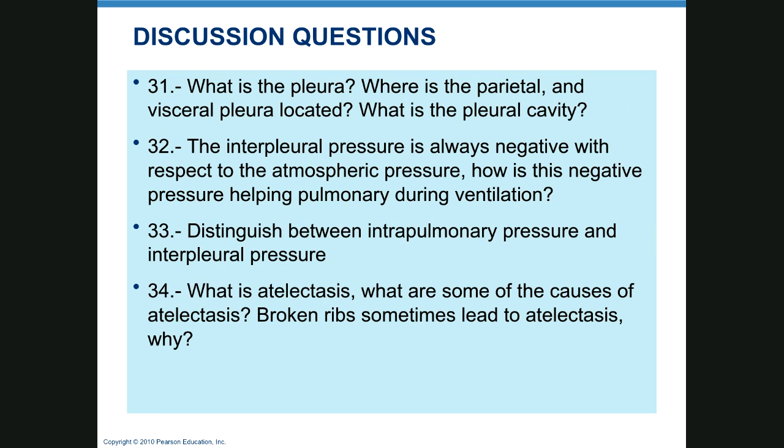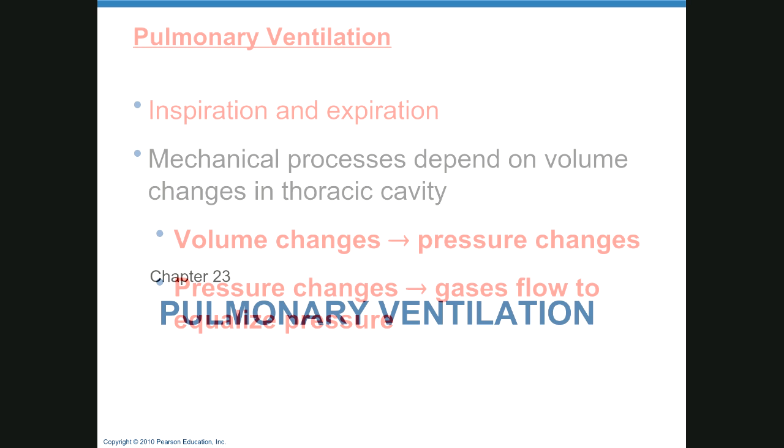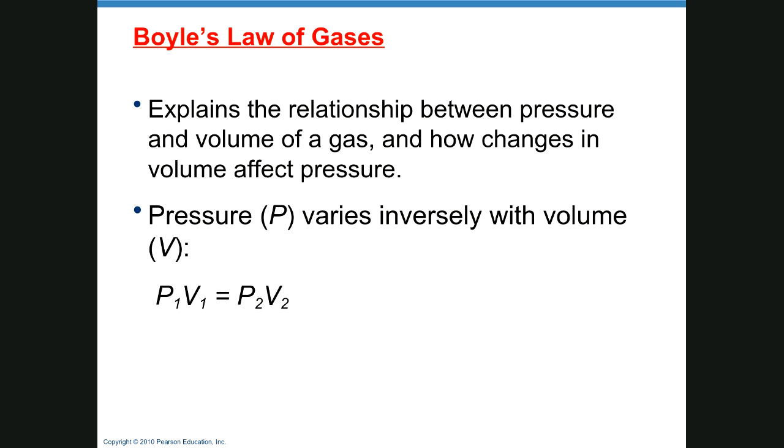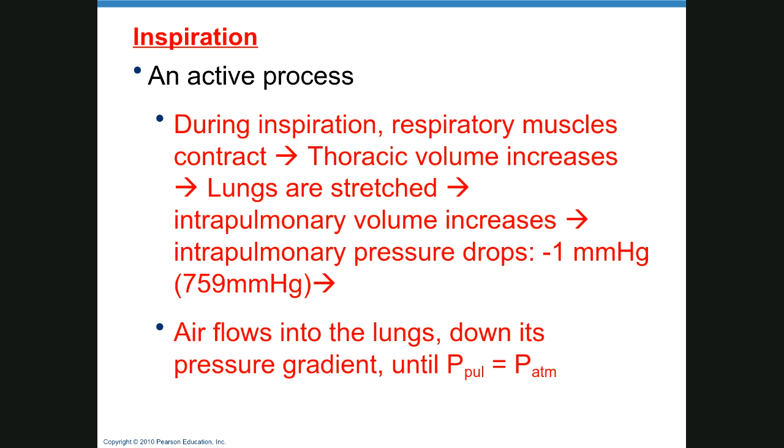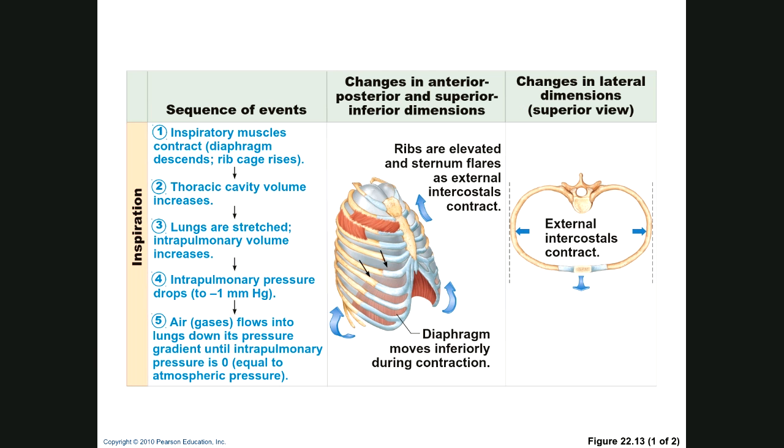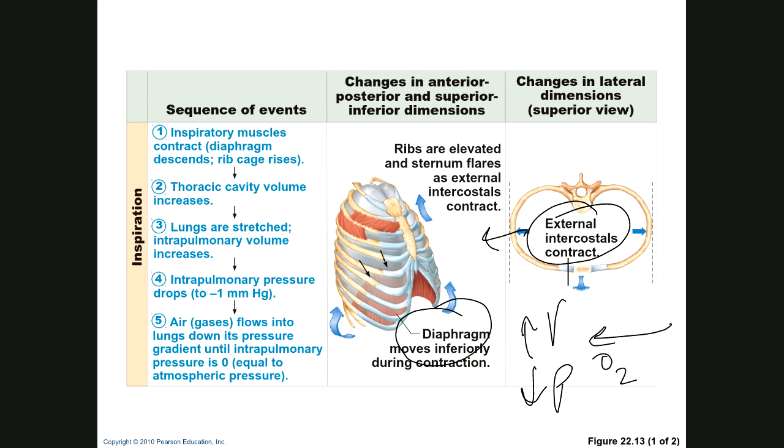So, know the role of intrapleural pressure in ventilation, especially inspiration. We talked about inspiration being the process that we take air in, and what we're doing when we do that is we expand the rib cage with the external intercostals and the diaphragm so that we increase volume, which is going to decrease pressure, and that's going to send air into the lungs because the lungs become a vacuum.